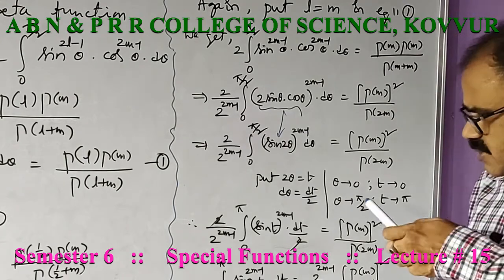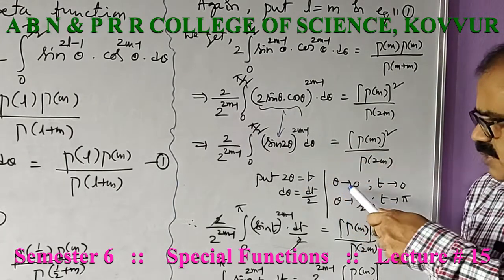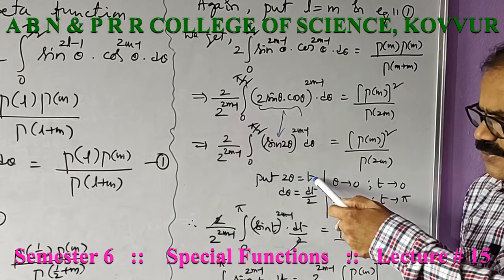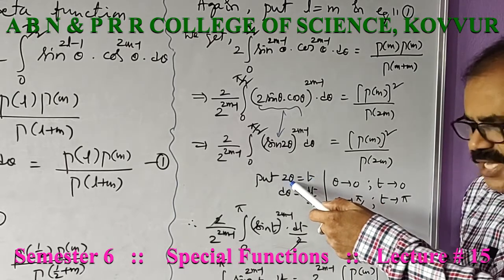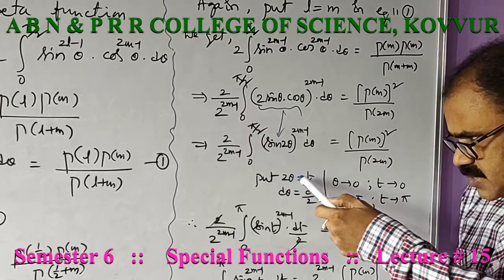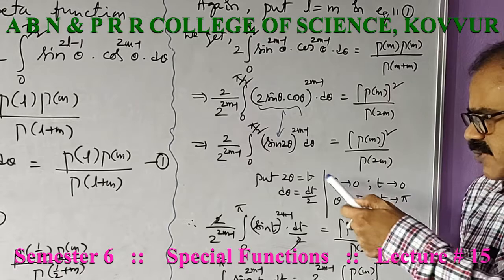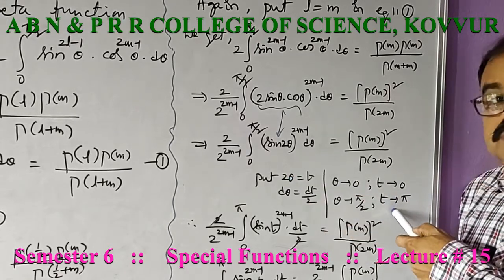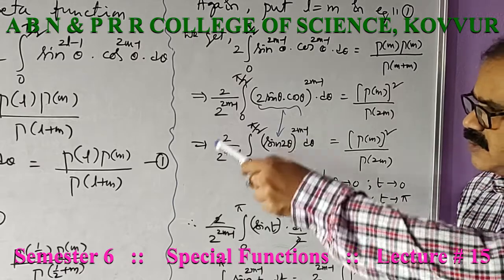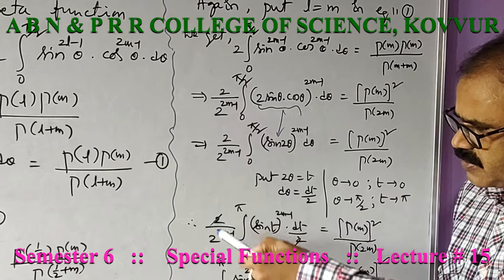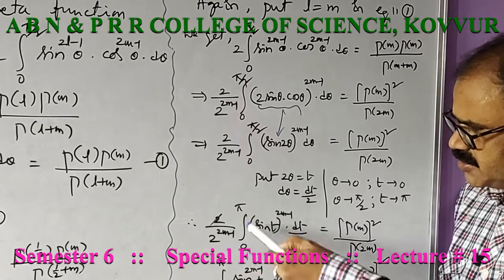What about the limits? When theta tends to 0, t tends to 0. When theta is the upper limit pi by 2, 2 theta is pi, so t is equal to pi. So the above equation becomes 2 by 2 to the power of 2m minus 1 integral 0 to pi.